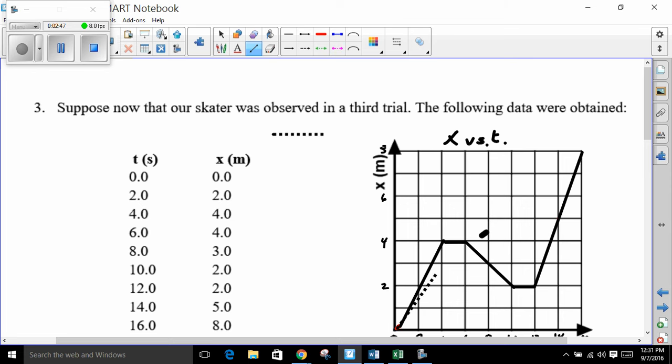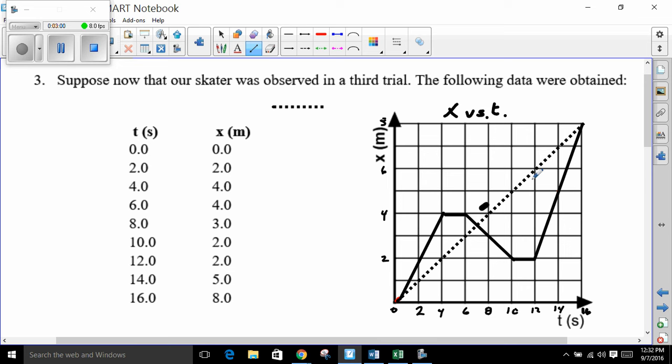And I would have something that looks like this. So I'd have a line connecting the start point at 0 seconds to the end point at 16 seconds, and the slope of this line is technically the average velocity for that entire trip. So if I could find the slope of that line, then I would know the average velocity for the entire trip from 0 to 16 seconds.